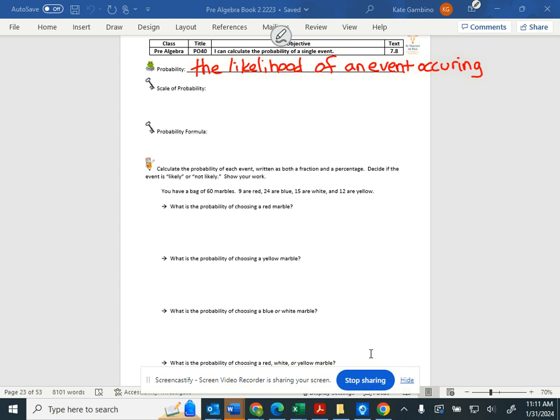So there's the scale of probability. Remember, we went from 0% to 100%. We've got that 50%. So we've got here, it's likely to happen. If it's under 50%, it's not likely.